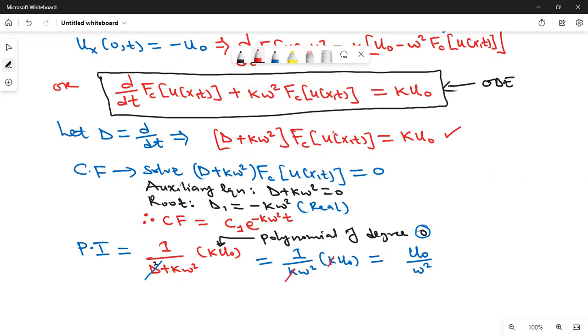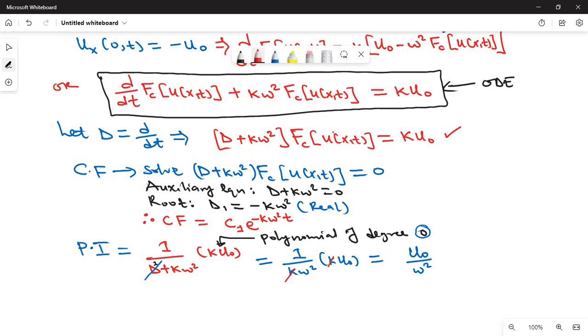Now, to find the general solution, we simply need to add the two solutions.